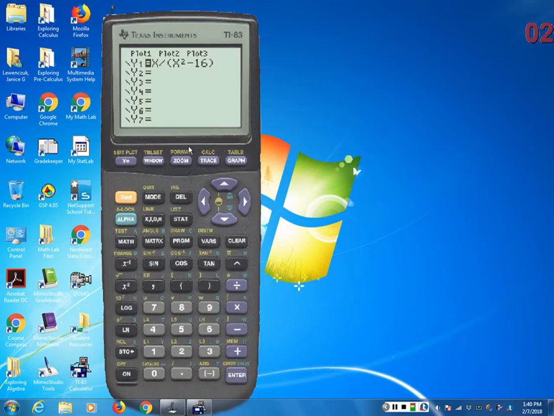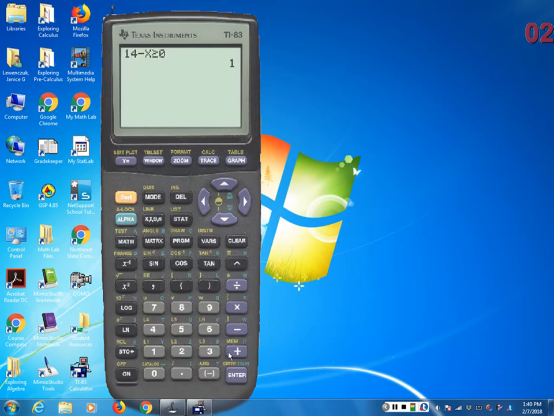So we want to check the domain of, which problem was that? Oh, it was problem 20. So we want to check the domain of the square root of 14 minus x. So what happens if you put in 14 minus x, second test, greater than or equal to 0?